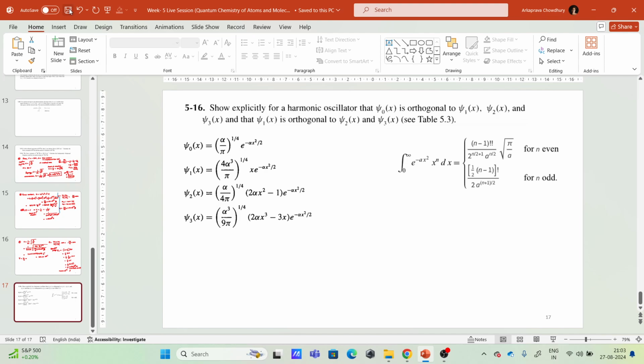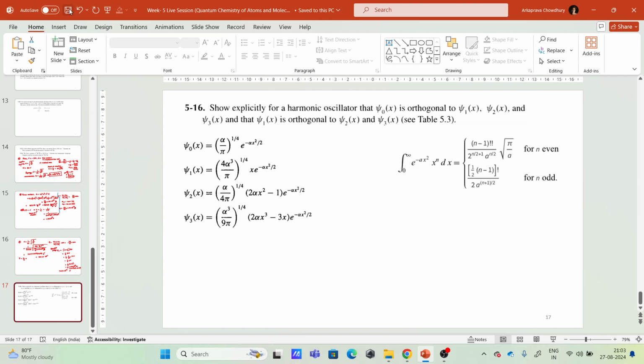As you can see, this question shows explicitly for a harmonic oscillator that psi naught x is orthogonal to psi 1x, psi 2x, psi 3x, and that psi 1x is orthogonal to psi 2x, psi 3x. I have just solved a problem similar to that, right?